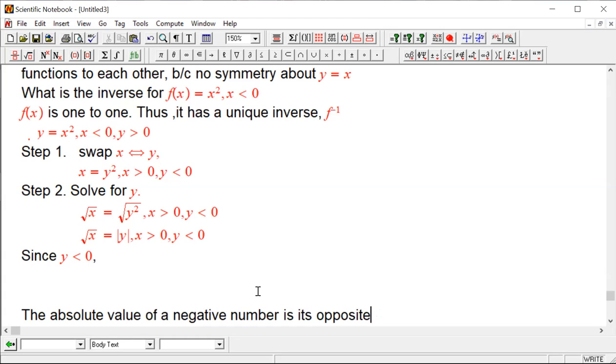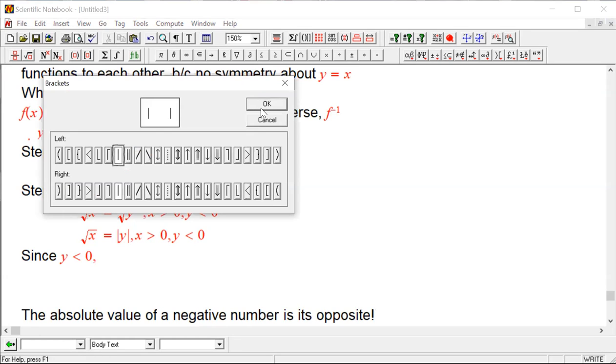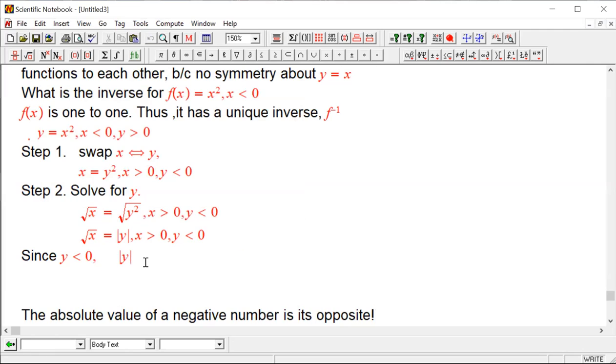We have talked about this in the first week about the absolute value function, the two branches we talked about. So what does that mean? It just means that when y is negative, the absolute value of y is going to equal the opposite of y.